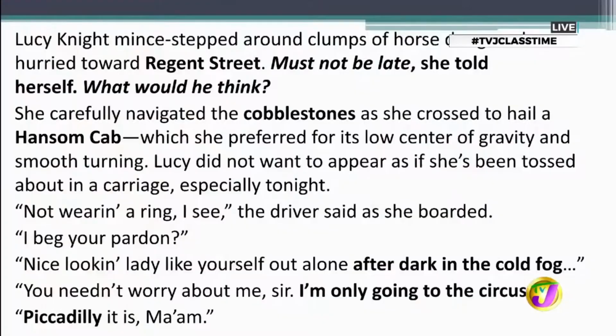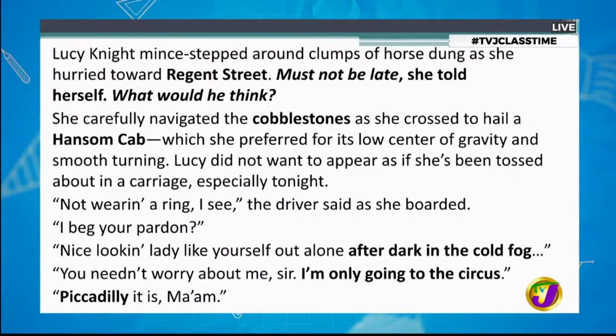Lucy Knight mince-stepped around clumps of horse dung as she hurried towards Regent Street. Must not be late, she told herself. What would he think? She carefully navigated the cobblestones as she crossed to hail a hansom cab, which she preferred for its low center of gravity and smooth turning.